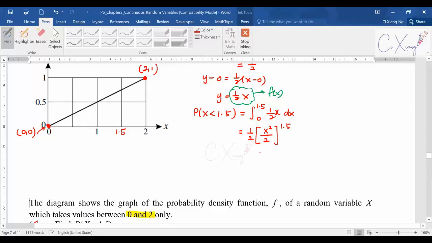And then you put in the values for 1.5 and 0. Okay, so you will have generally 1.5 squared divided by 4. If you continue with it, you should be able to get 0.5625. Okay, or you can change it to 0.563 if you want.